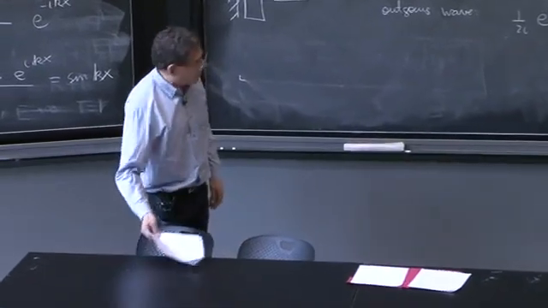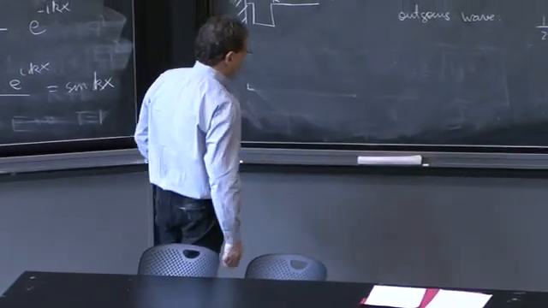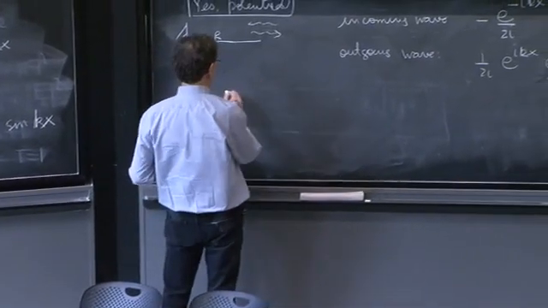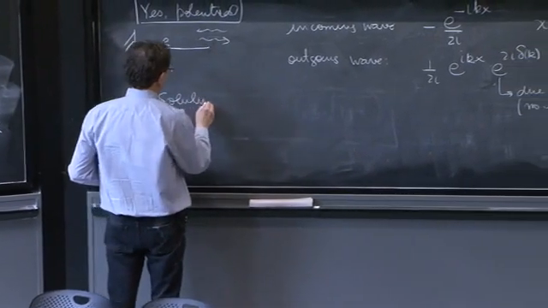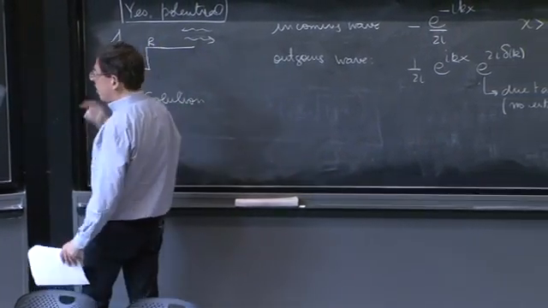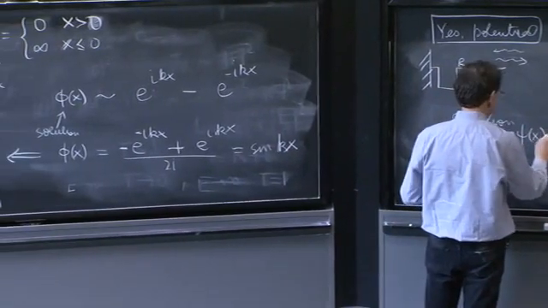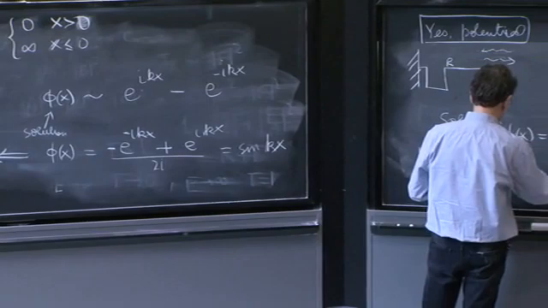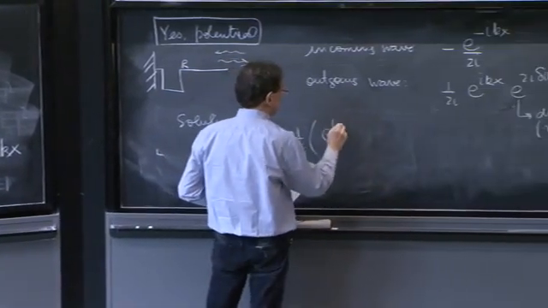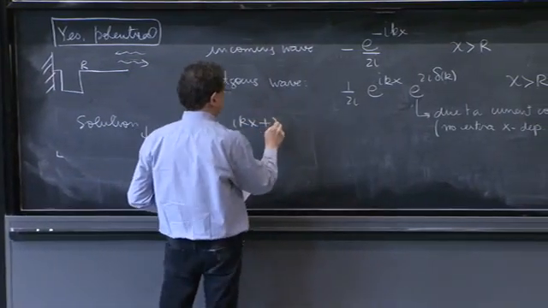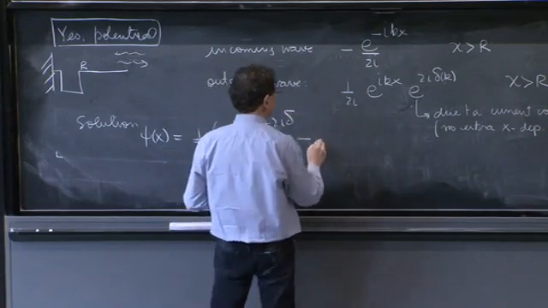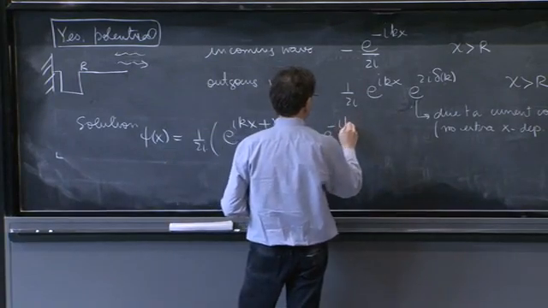So let's write the solution. We have this. So the total solution, we call the solution with no potential phi. This one we'll call psi of x. Will be 1 over 2i. The first term, e to the i kx plus 2i delta, minus e to the minus ikx.